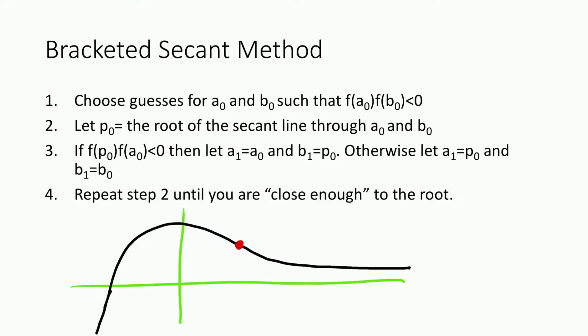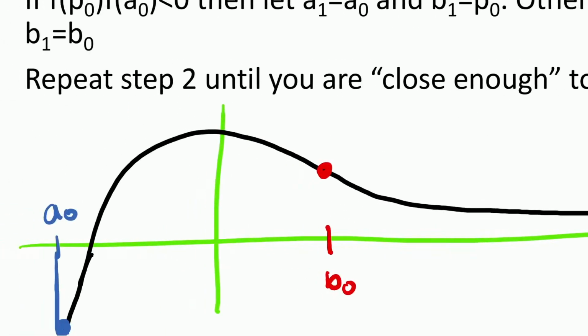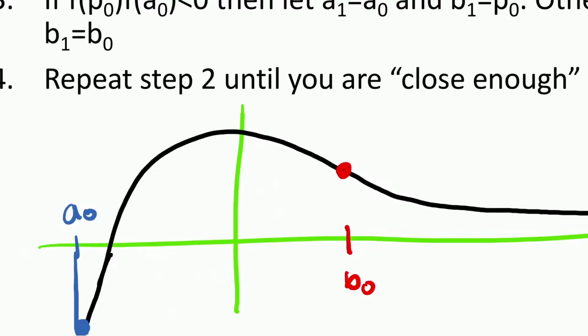So there's that. Okay, so the red dot is going to be B0, I guess, because we'll use A and B for left and right. And then this will be A0 on the left. That's there. So we're happy that these are on different sides. The only difference between this and this is actually very similar to the bisection method.